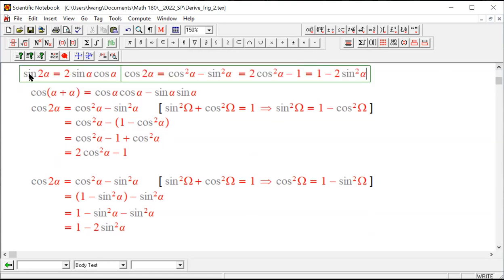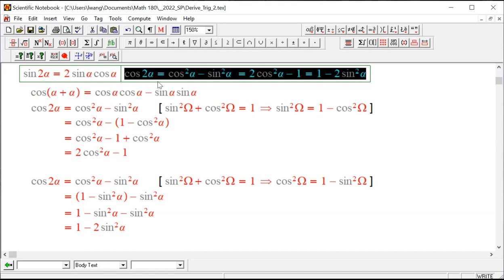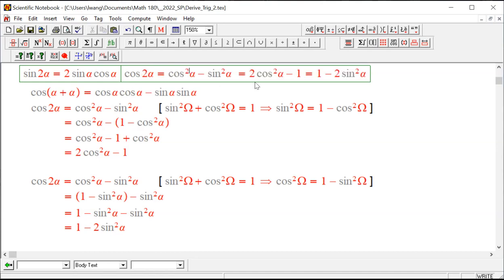Okay, so we got sine 2 alpha, that's pretty straightforward. Let's see what we can discover from the cosine double angle, with these two forms. Let's see where we are.